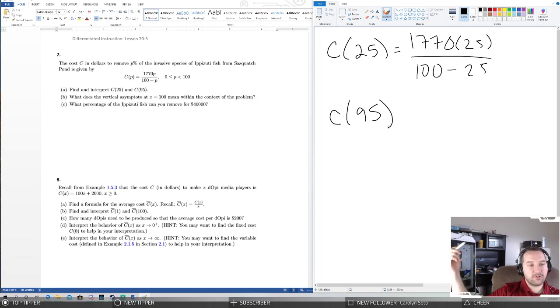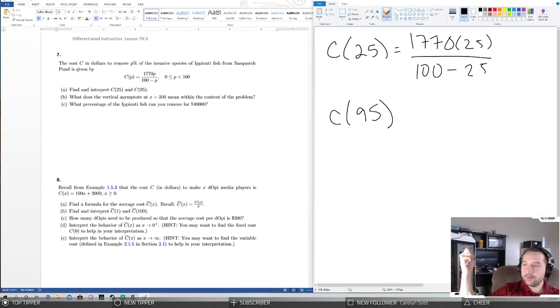So my vertical asymptote tells me that it's undefined, it's impossible to get rid of 100% of the fish. You can get 99.99999% of the fish, but it's impossible to get rid of 100% of the fish.